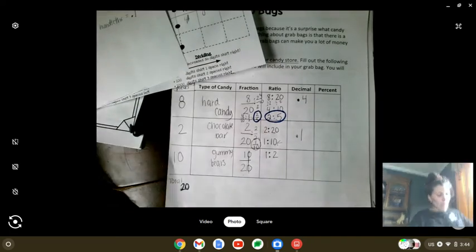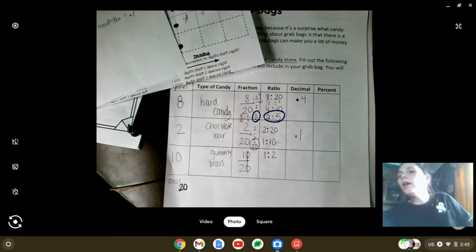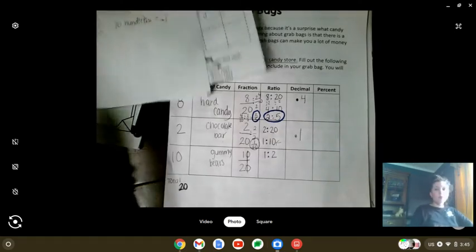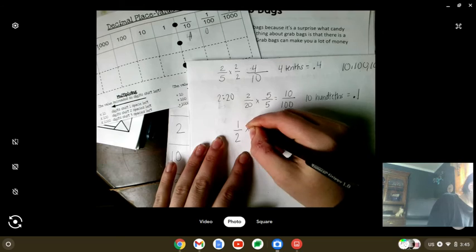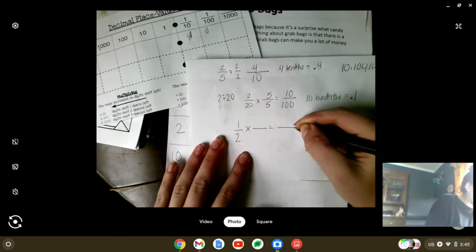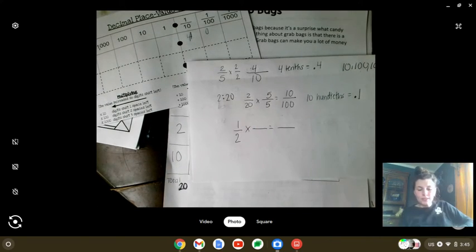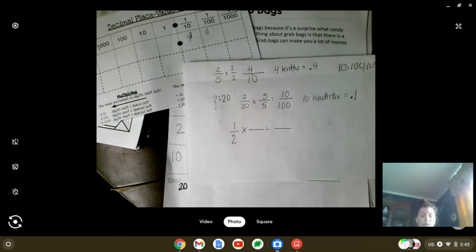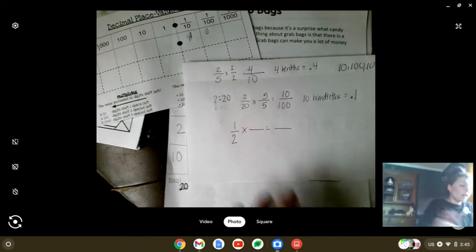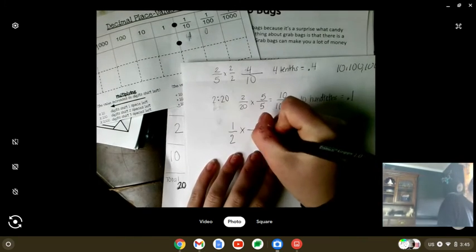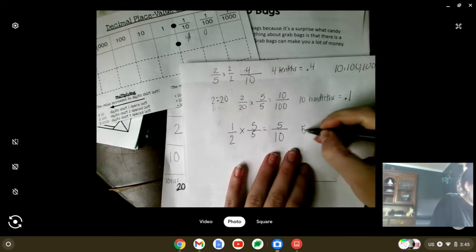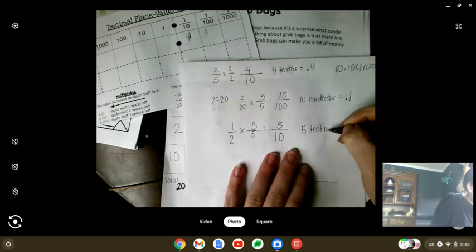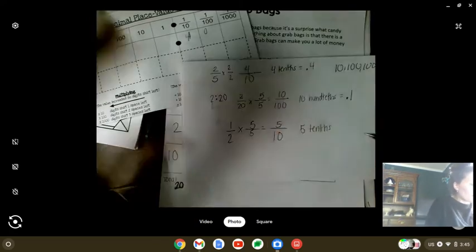Okay, and last but not least is 1 out of 2 or 10 out of 20. 1 out of 2, 1/2. Oh, that's easy. I'm going to multiply it by something, and I need to change it to a denominator of 10, 100, or 1,000. I'm going to choose 10. So I multiply by 5/5, and I get 5/10.